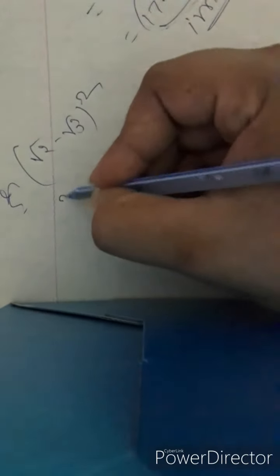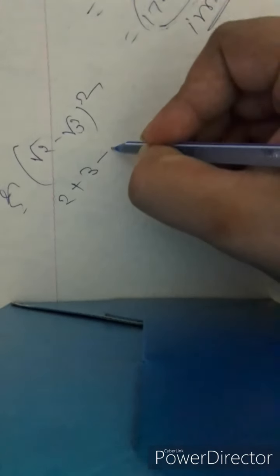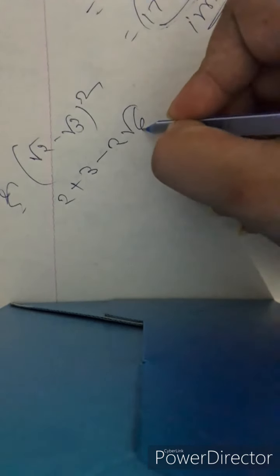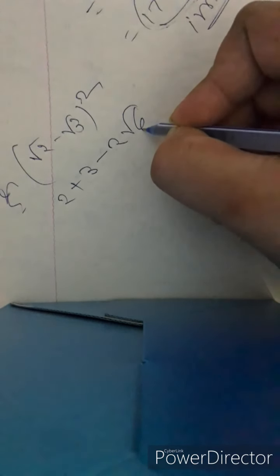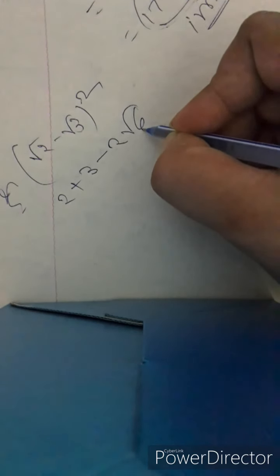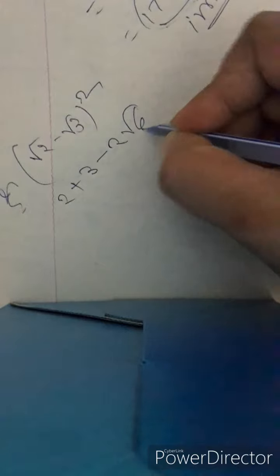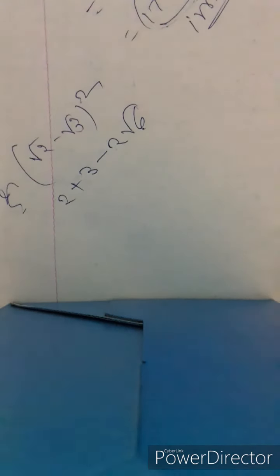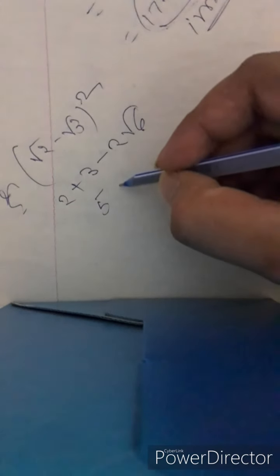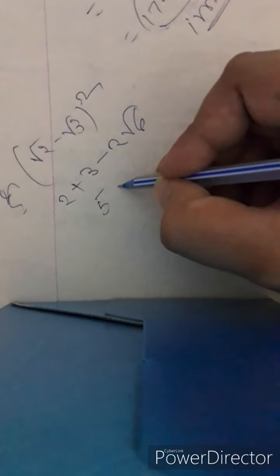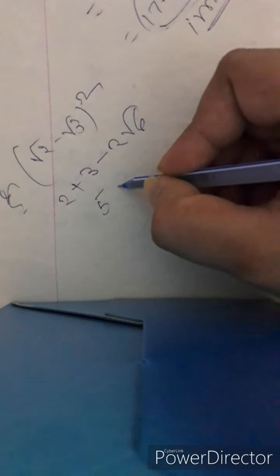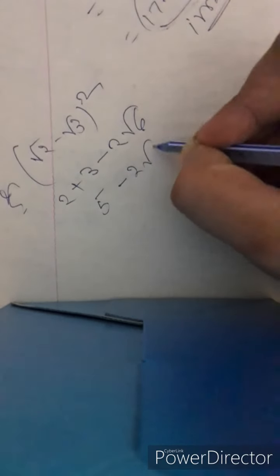So 2 plus 3 minus 2 root 6, that is 5 minus 2 root 6.